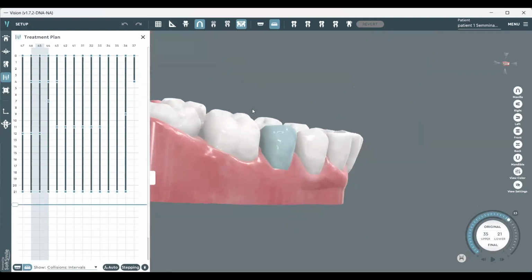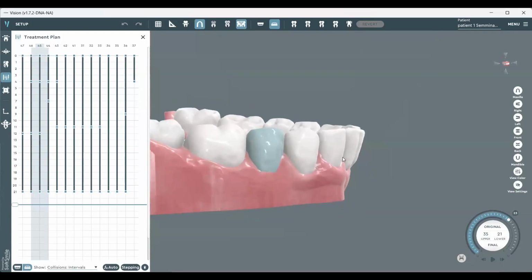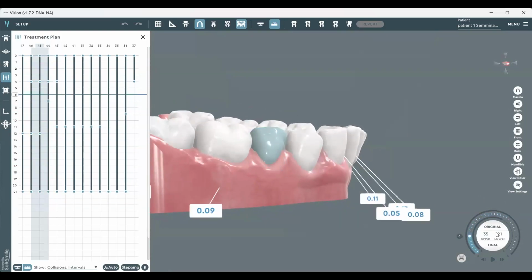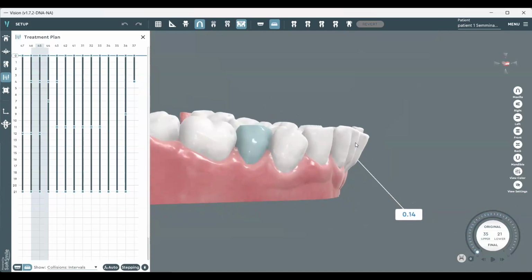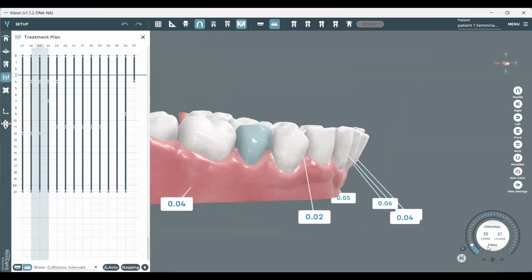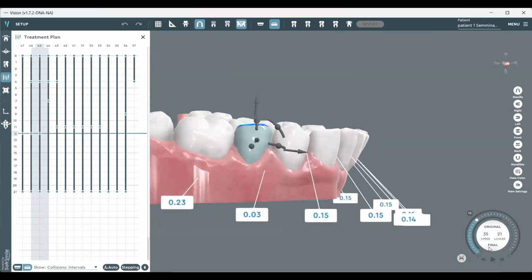What is important here is that when we are opening the spaces, they need to be opened moving the crown buccal, but not the roots. So you see here, there is a torque, but just of the crown, not the roots, to avoid affecting the roots and the bone.